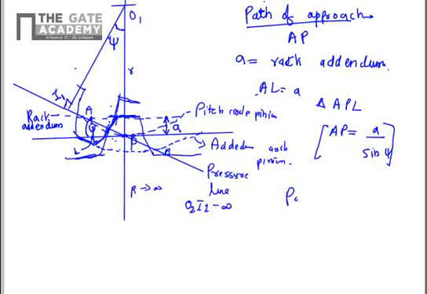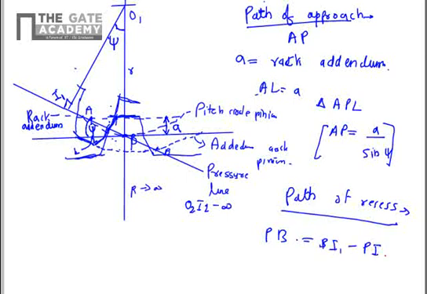For the path of recess, that is equal to the distance PB. Following the earlier approach for the pinion, because the pinion is still a rotating member, PB will be equal to BI1 minus PI1. Now we know that BI1 you can get from triangle O1 B I1.